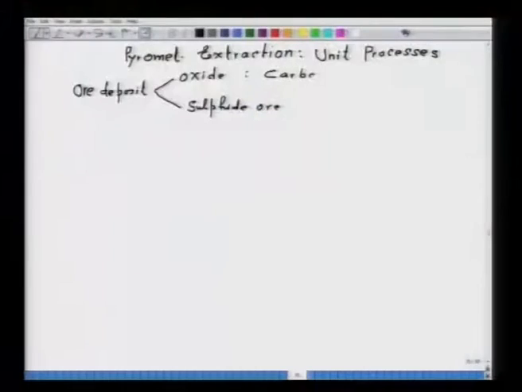So, for oxidic ore, in most cases carbon is used as a reductant. Carbon can easily reduce Fe2O3, or zinc oxide, and we can get the metal.